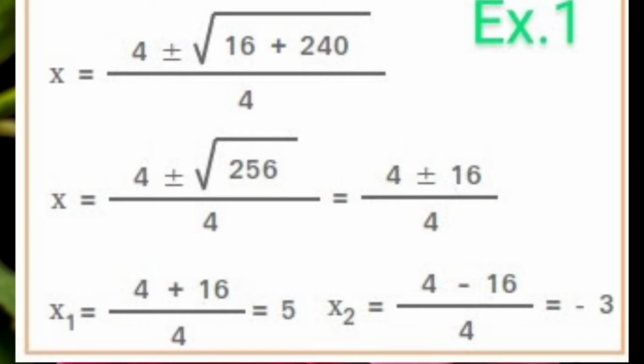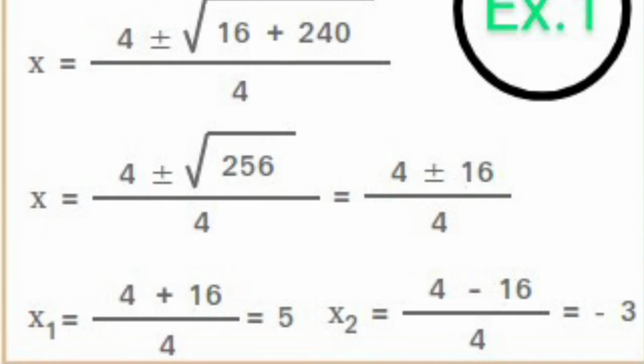Let us split the plus or minus sign. 4 plus 16 equals 20, all over 4, equals 5. 4 minus 16 equals negative 12, all over 4, equals negative 3.